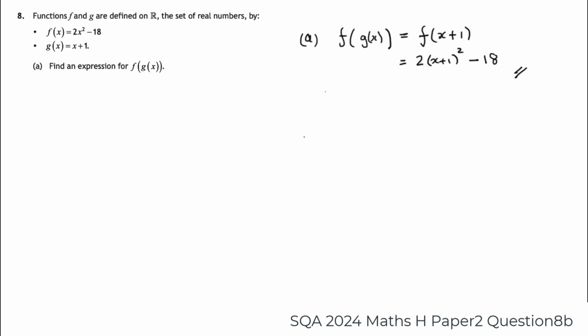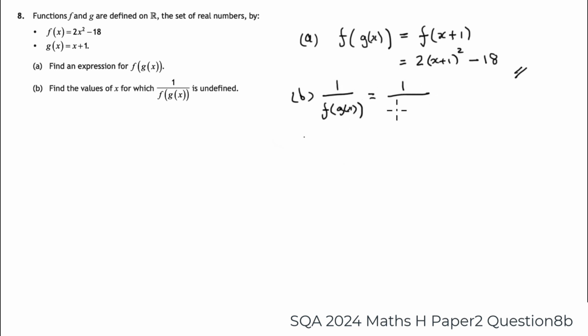Now in part B of the question, we're asked to find the values of x for which 1 over f of g of x is undefined. Now, undefined means that we're not able to do this calculation, 1 divided by something. And it means we have to find out when 2 lots of x plus 1 all squared minus 18 takes a value that we're not able to calculate 1 divided by.